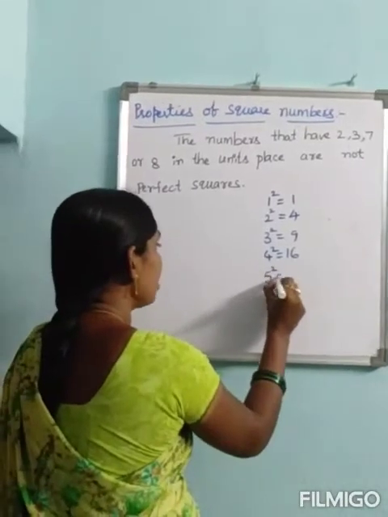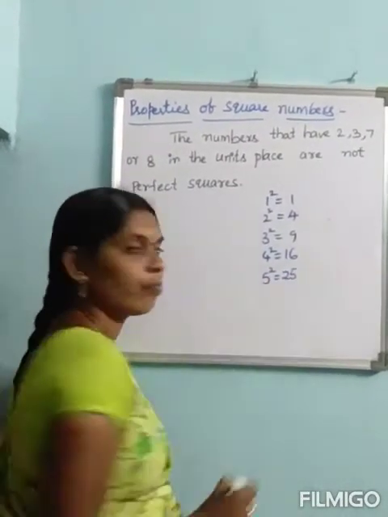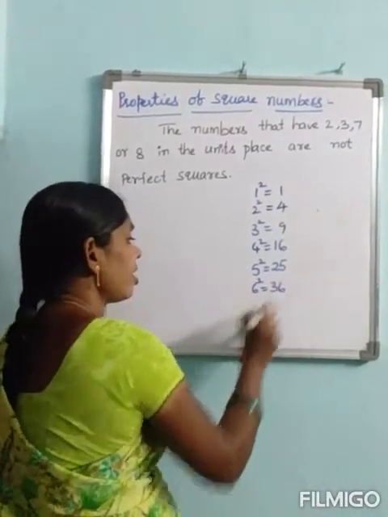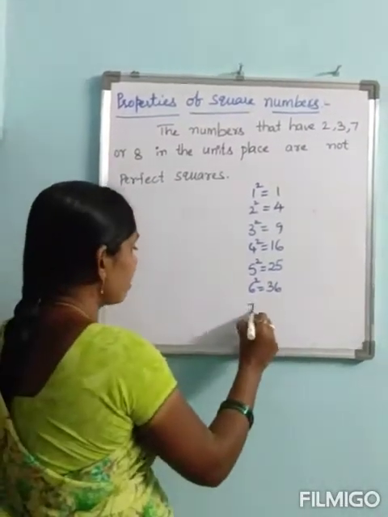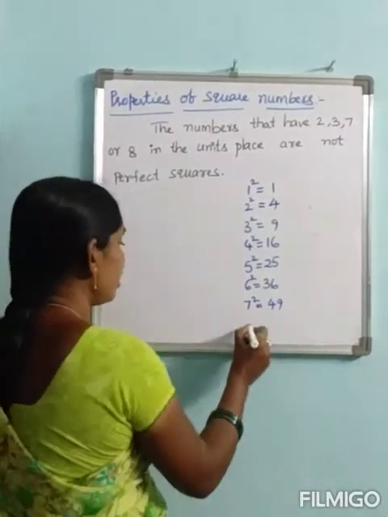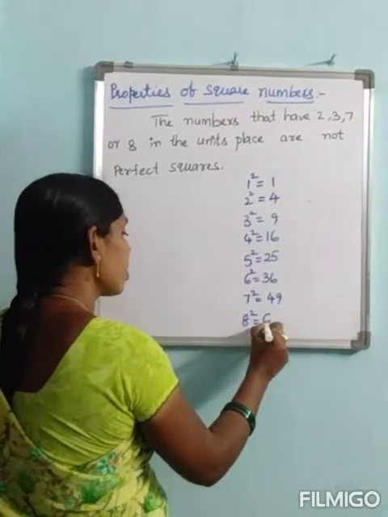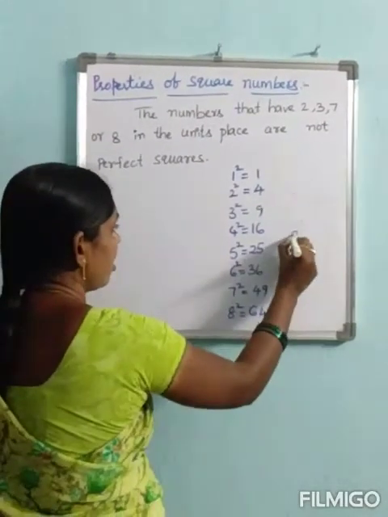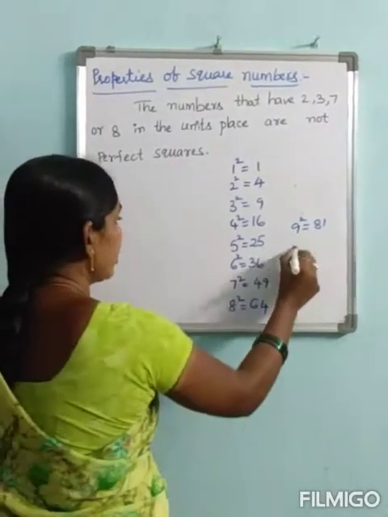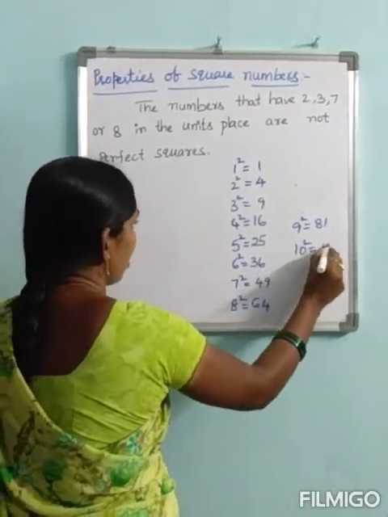Next, 5 square means 5 5s are 25. 6 square means 6 6s are 36. Next, 7 square means 7 7s are 49. 8 square means 8 8s are 64. 9 square means 9 9s are 81. 10 square means 10 10s are 100.